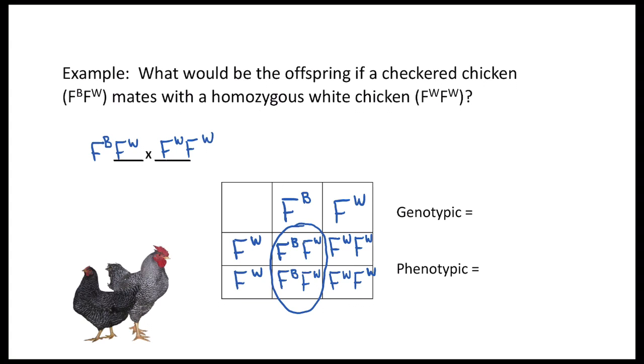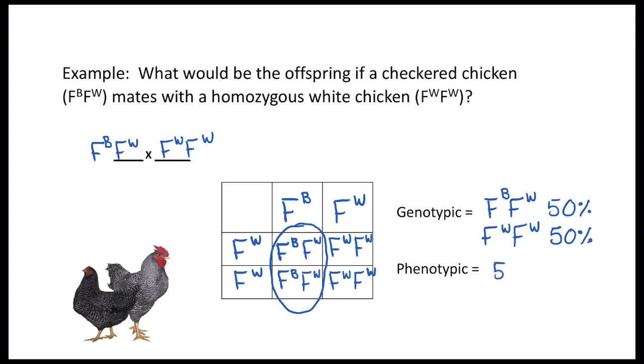So looking at our genotypes then, 50% are F^B F^W. And 50% are F^W homozygous. So they would be white. So then from here, we can then determine our phenotype, which is the visual appearance.